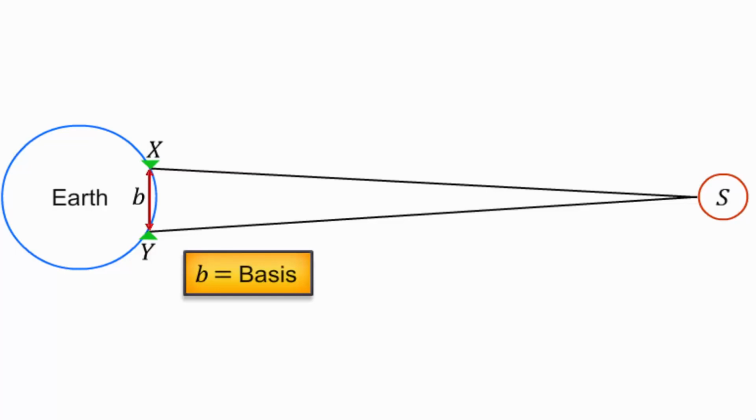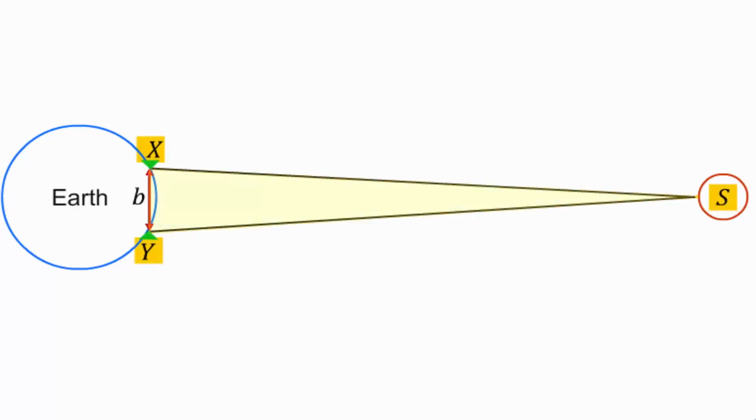Thus, XYS forms a triangle. Let beta and gamma be the angles made by the lines XS and YS with the line XY respectively, and angle XSY be theta. The angles beta and gamma are measured while observing the planet with the help of telescopes.